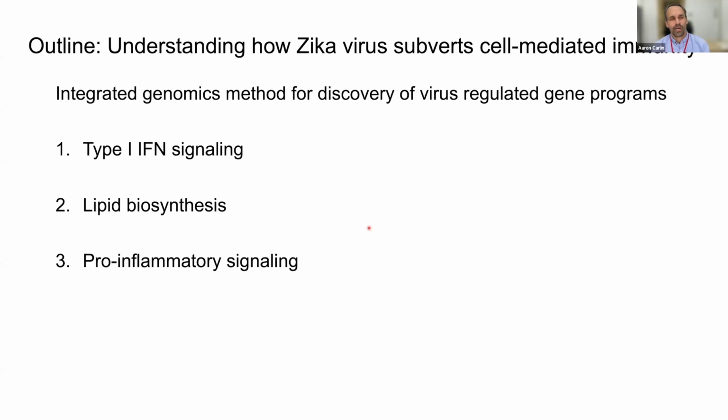I'm going to tell you about our integrated genomics method that allows us to discover virus-regulated gene programs in infected cells and why we think that's a very cool method and important for understanding virus-host interactions. And then I'll tell you 3 stories based on that method where we look at effects on type 1 interferon signaling, lipid biosynthesis, and then pro-inflammatory gene signaling.